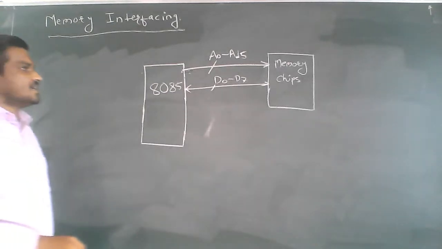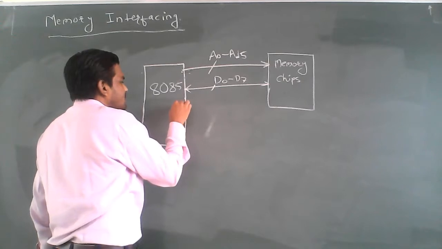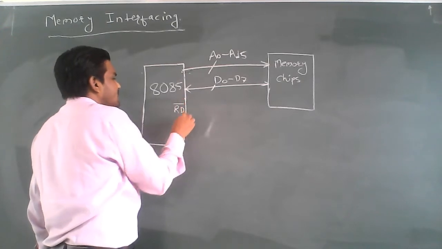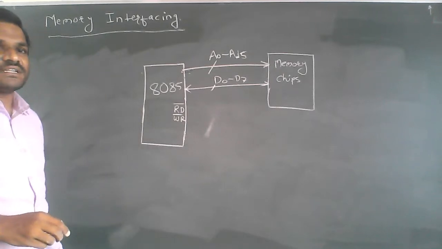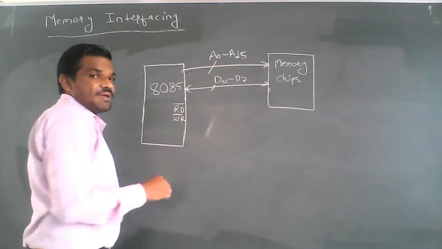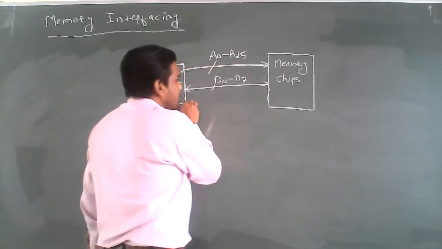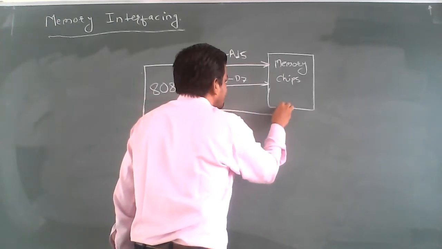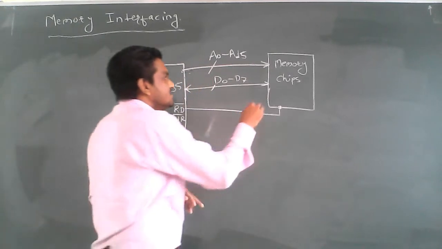Fine, and then the control signals. That is our RD bar, and then WR bar, for reading and writing operations. This RD bar pin is connected to the output enable pin on the memory chip.